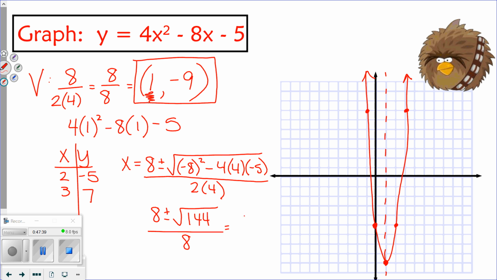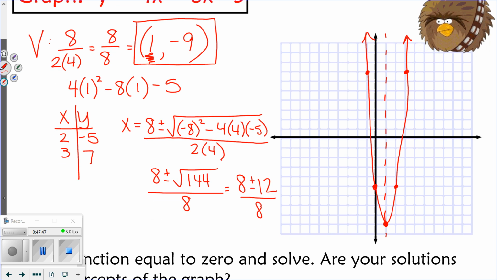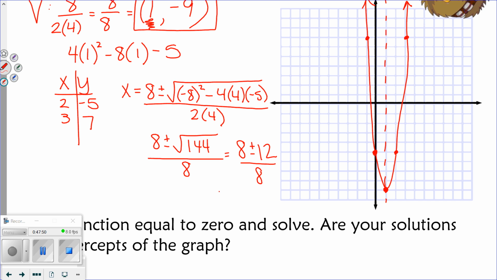What's the square root of 144? It's 12. Can I divide all three numbers? I can divide them all by 4. So I get 2 plus or minus 3 over 4. What's 2 plus 3? 5 over 4. Okay. And then what's 2 minus 3? Negative 1 over 4. What's 5 over 4? What is that? Because I don't know where that's at, right? That's 1 1/4, so it's 1.25 or 1 1/4.